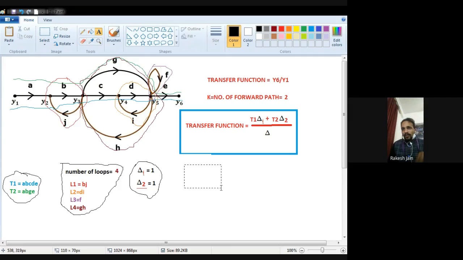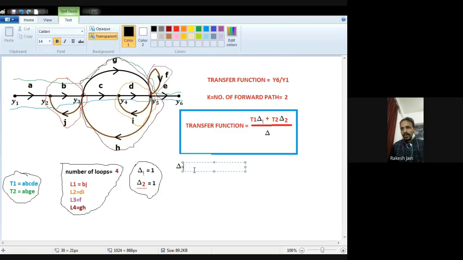DI also touches, the second loop also touches from the node y5. The loop L3 also touches from the y5 end, and the loop GH also touches from the branch G. So all the loops touch the second forward path. So here also del 2 value is 1.